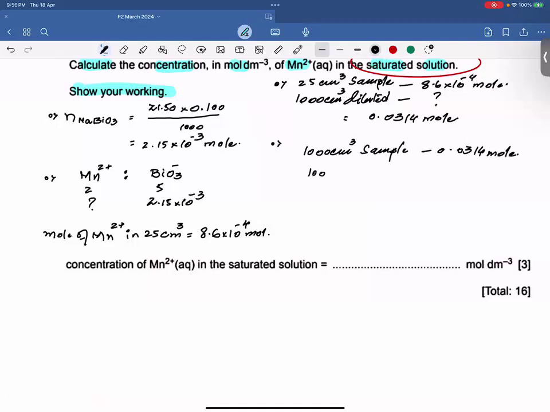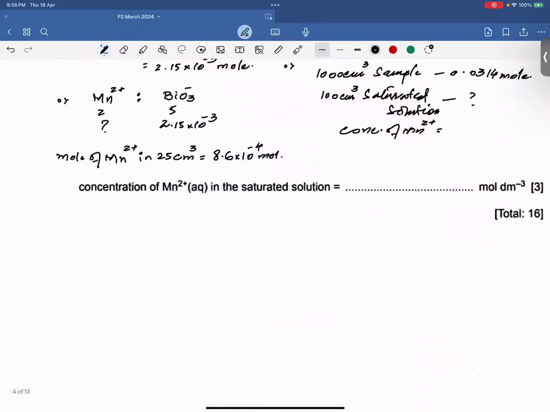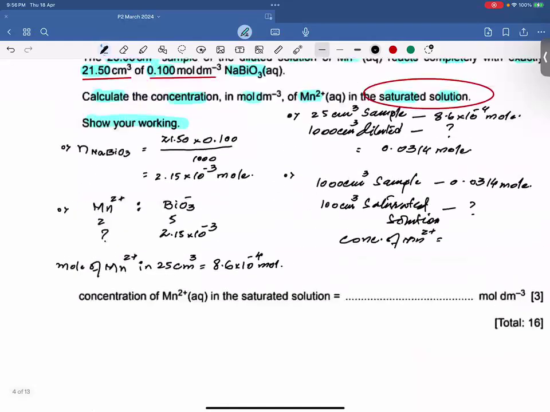So in 100 cm³, it would be how much? So the concentration of Mn2+ is going to be how much? 0.03. Oh my goodness. Wait, hold on a second.